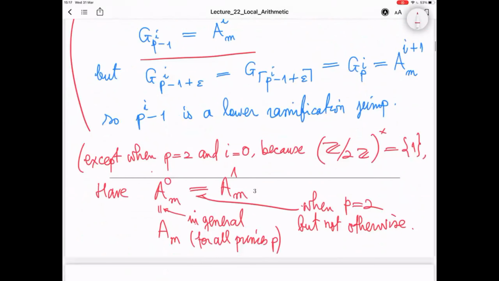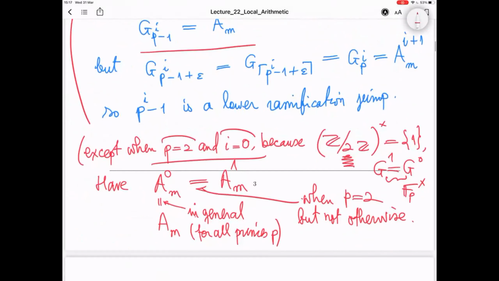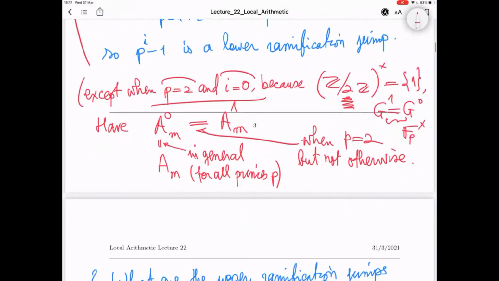And the exception p equal to 2, i equal to 0, it's not a jump, because in this case G_0 is equal to G_1, because the quotient here is F_p star, and F_p star is trivial when p is equal to 2. That is the reason why for p equal to 2, there is no jump at i equal to 0.